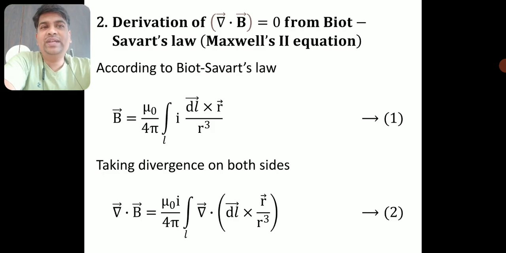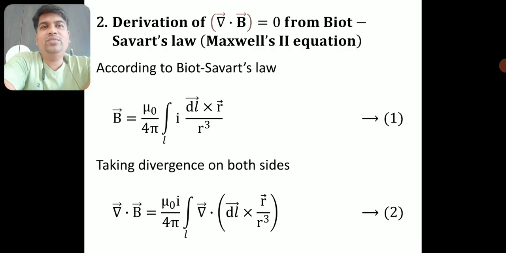If I write it in vector form, it is I into dl cross r cap divided by r square. Or if I want a vector in the numerator, it is I into dl cross r vector divided by r cube, because I am multiplying and dividing both by r.